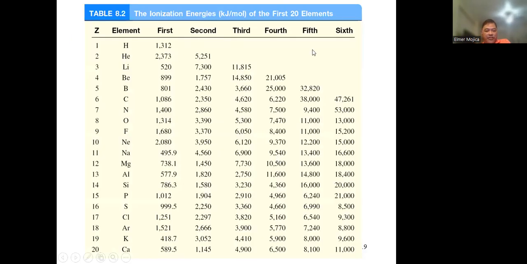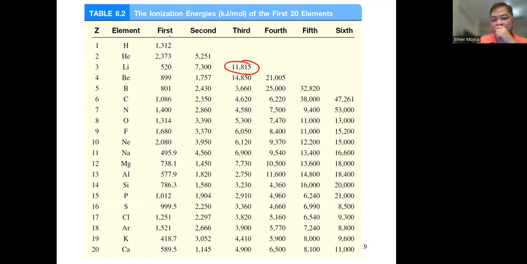Okay, if you're going to look at this, the value increases as you remove more electrons. And sometimes you could see that it doesn't really have a sequence. Sometimes the change is too large. For instance, this one.